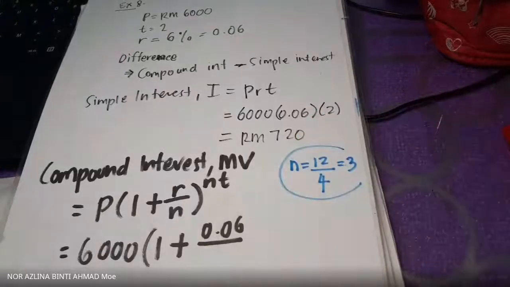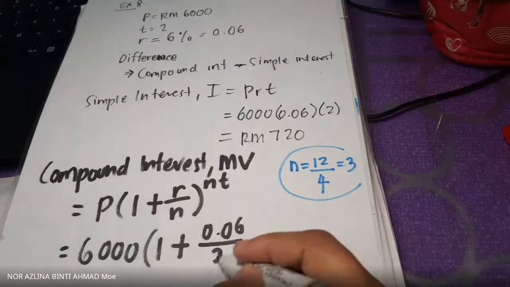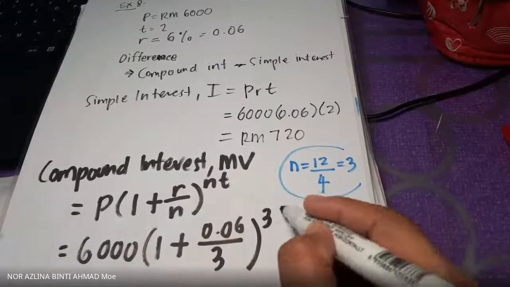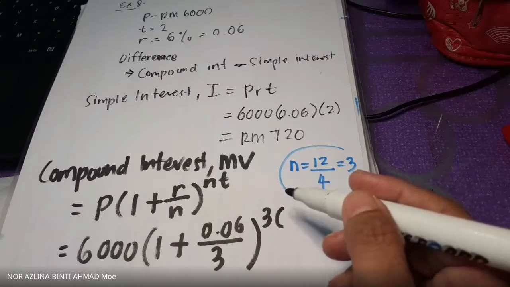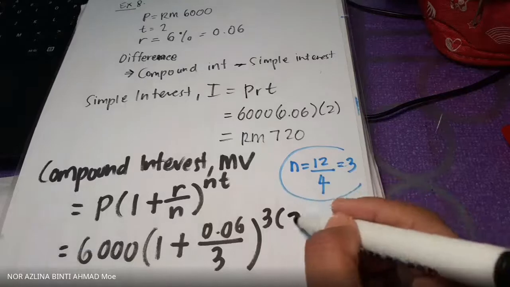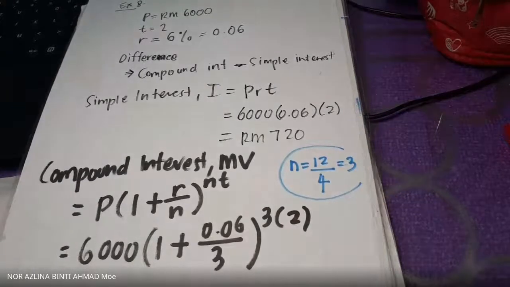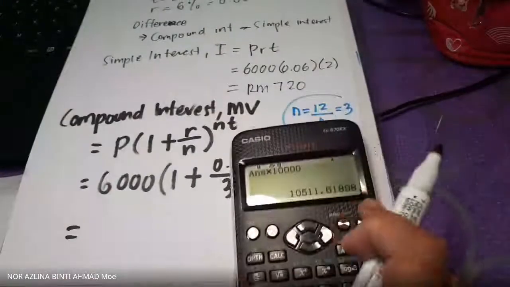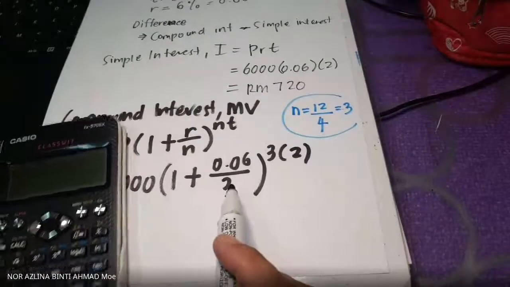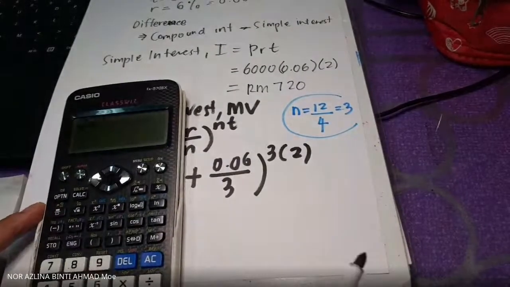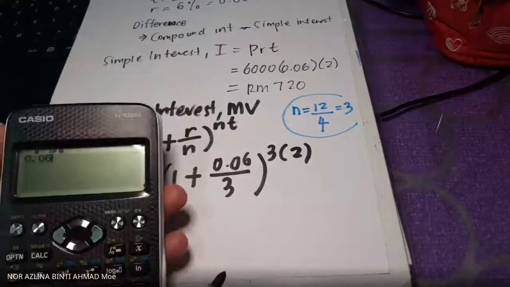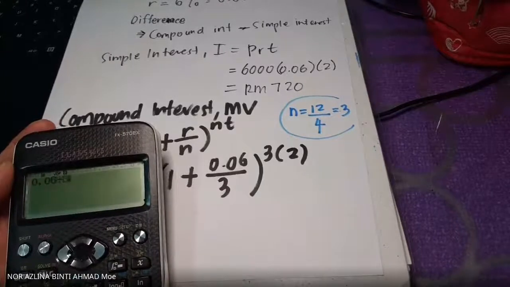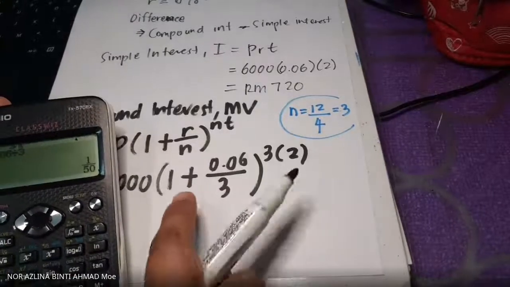Good, 3. Okay, we substitute into the formula. This is over 3. N is 3 multiply T, times year. How many years? So this is 2 years. We calculate using calculator. Solve the fraction in the bracket first. 0.06 divided by 3, then plus 1.